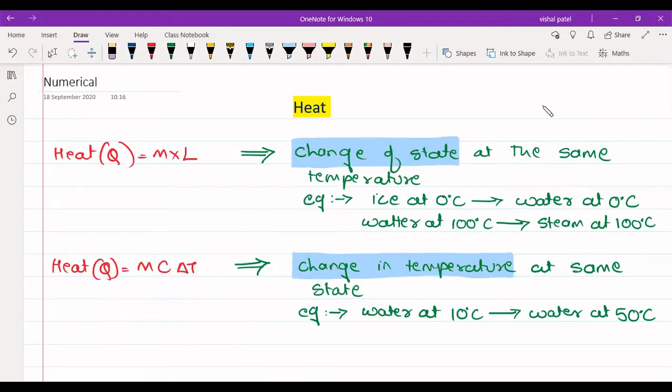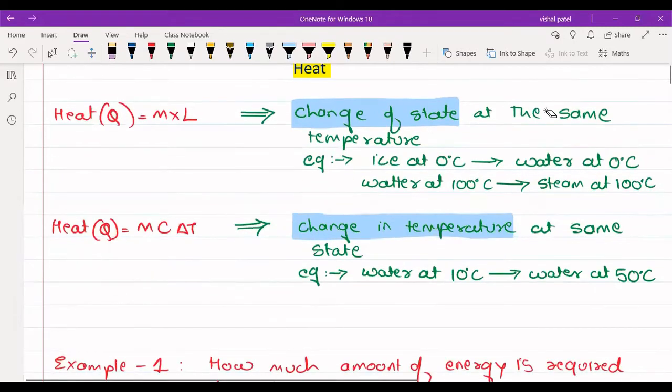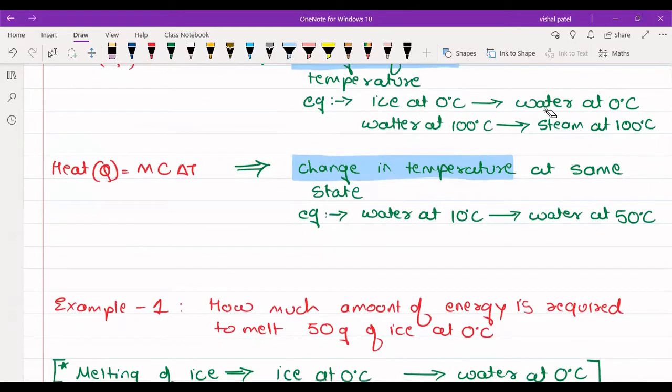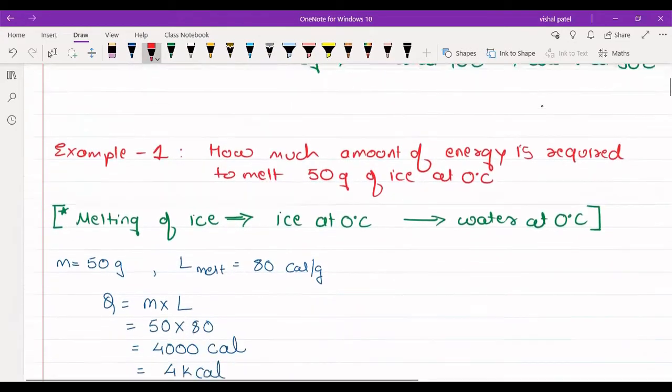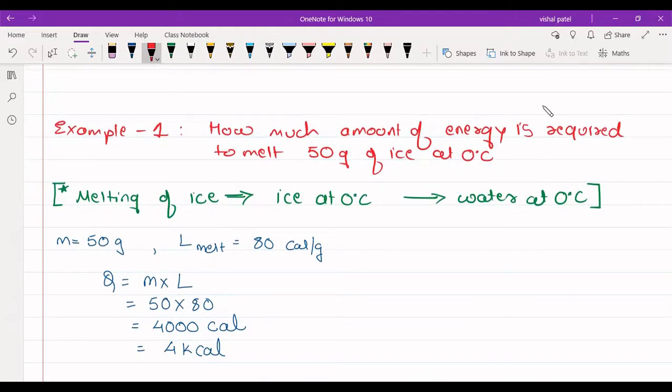Okay, so let us do some easy examples. Students, these examples we already did when I taught you the chapter. See the first one. How much amount of energy is released to melt 50 gram of ice? Here ice is melting, and we all know the melting point of ice is 0 degrees.